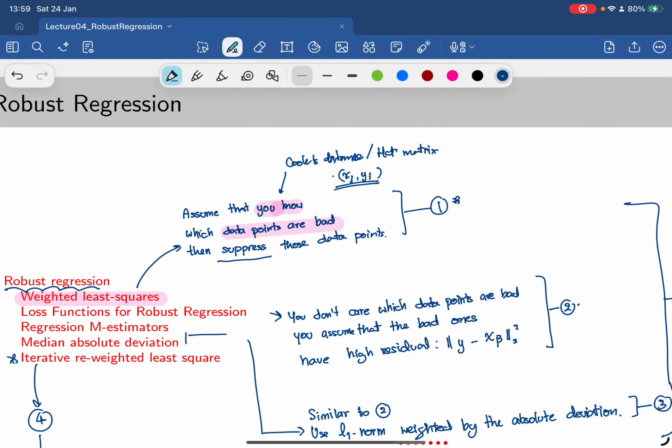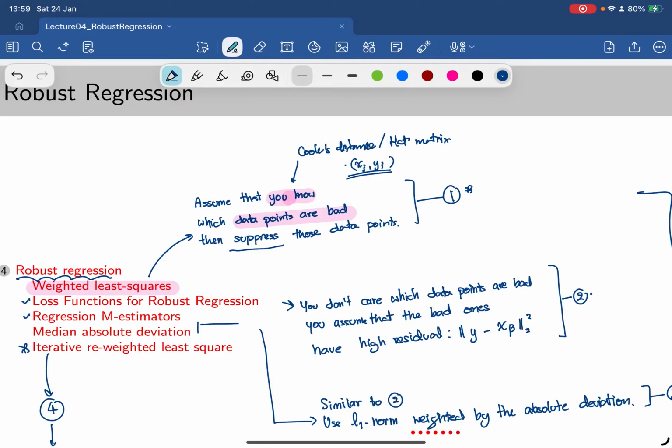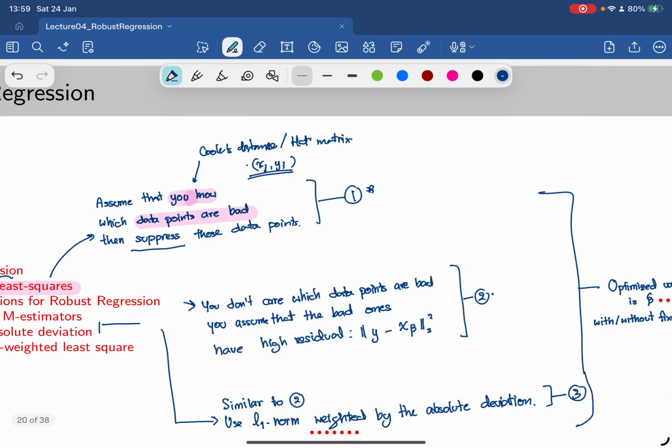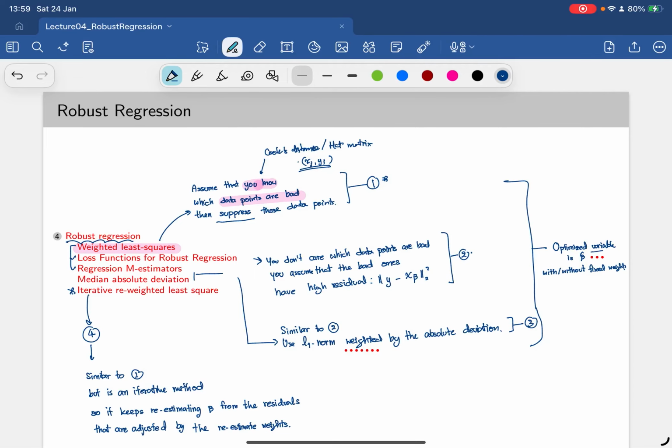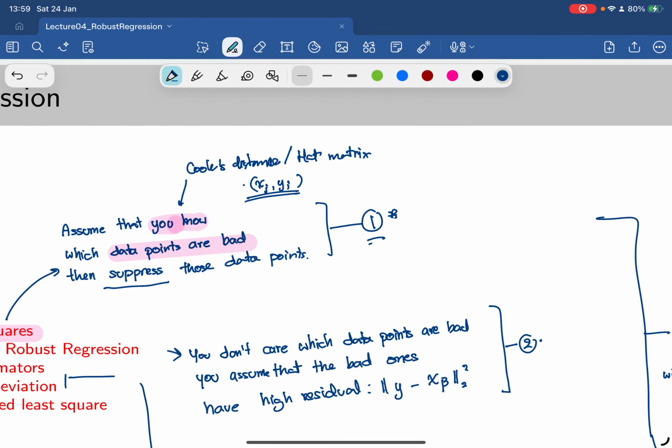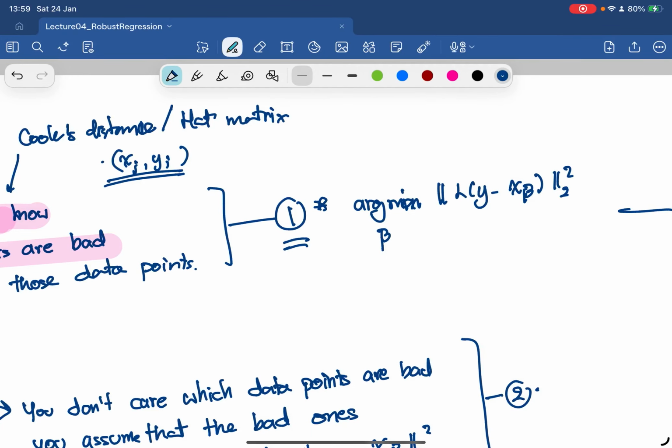And in fact, the following techniques are going to be similar to the weighted least square in that they solve for the model parameters by solving minimization problems. For problem number one, you are doing the argmin. Here L is the weight.